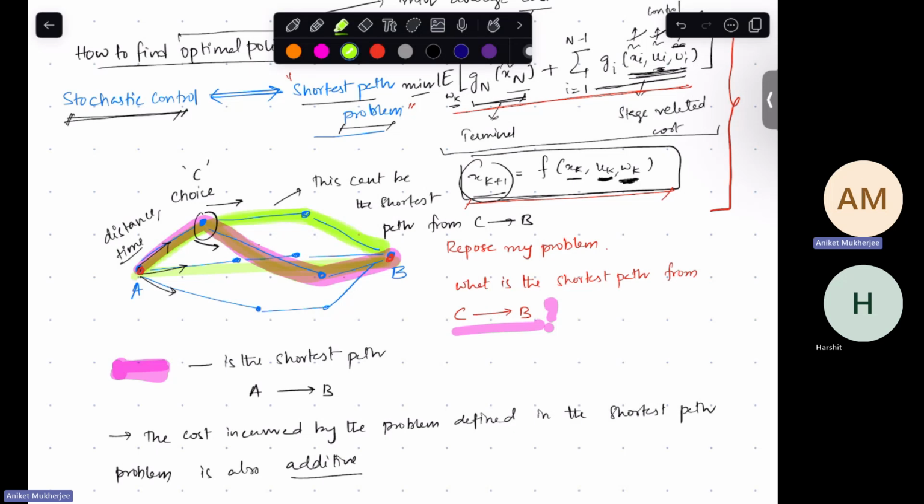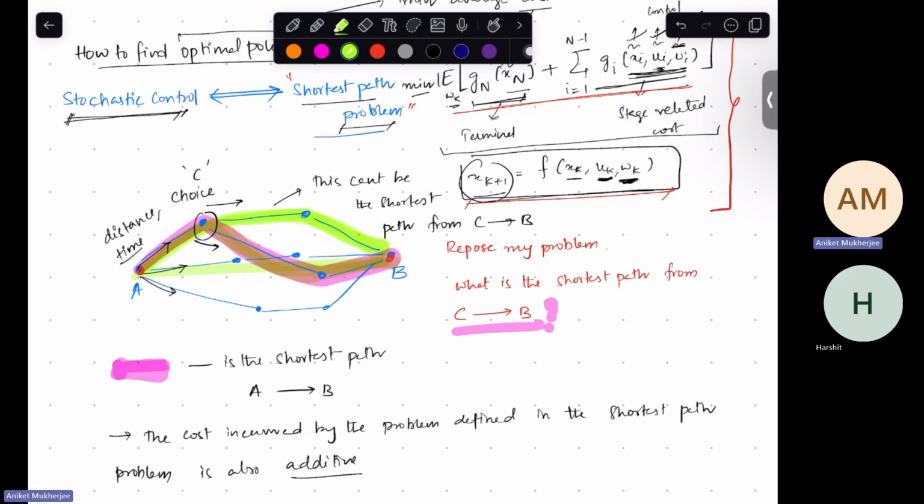It need not be just choosing a link. And then once you choose a link, you have to pay the penalty of either the distance or the time. So while traveling from one node to another node, you have to travel some distance. That is the cost that you pay because you have chosen a link, and you want to minimize either the distance traveled or the time you are in travel.